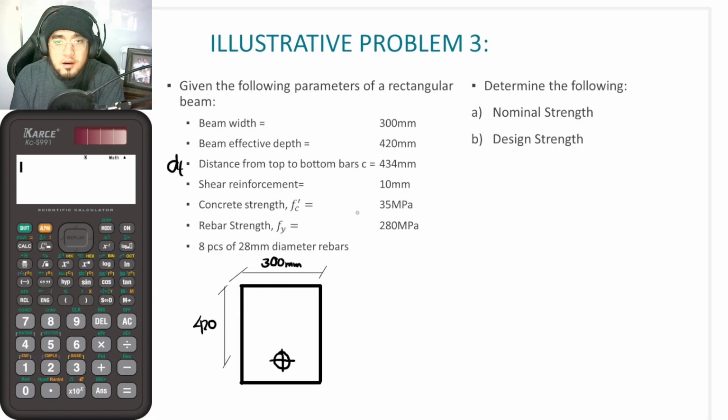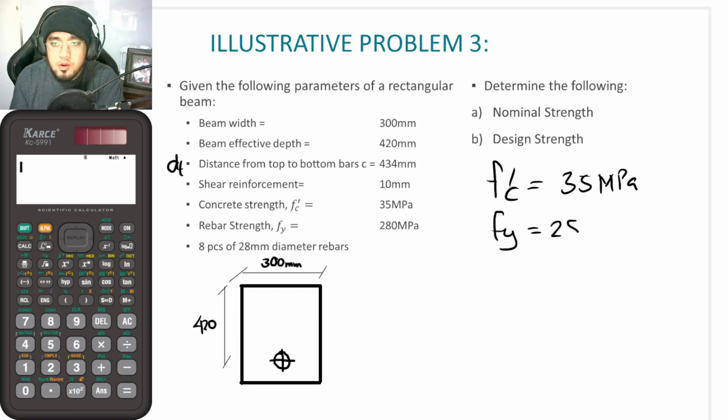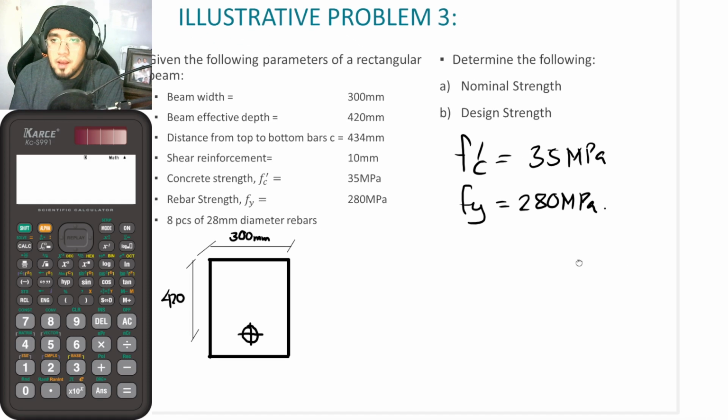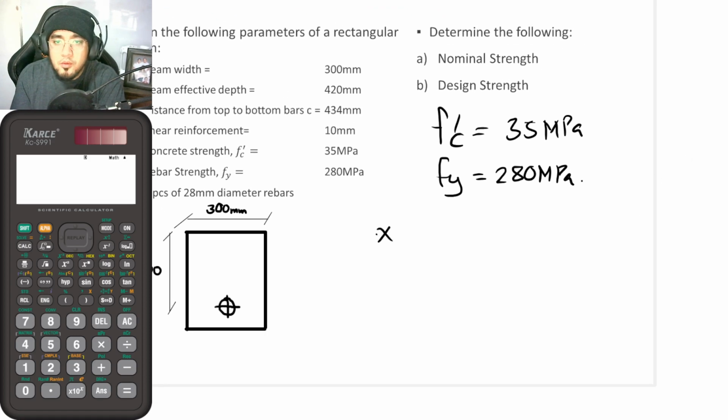Then for f'c, that is equal to 35 megapascals. Then for the rebar, fy, of course, that is 280 megapascals.